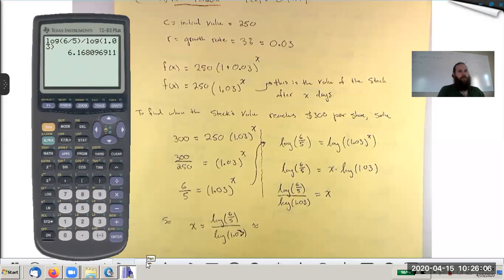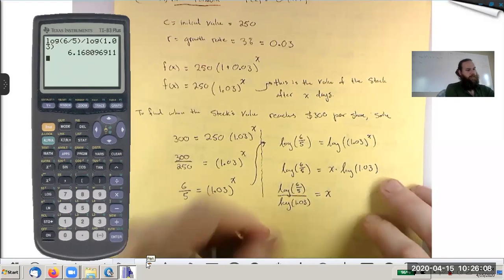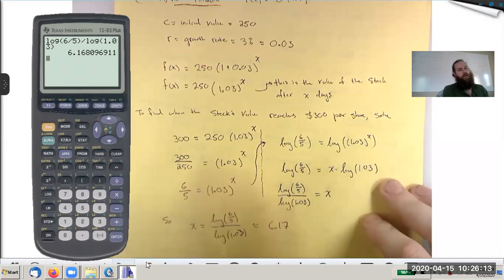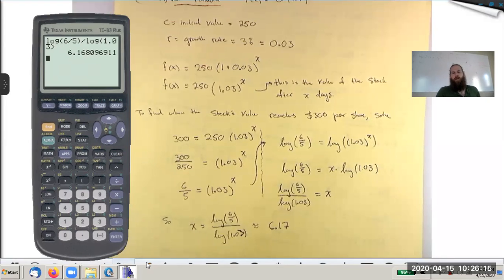This gives me about 6.17. And that's 6.17 what? What is x measuring here?